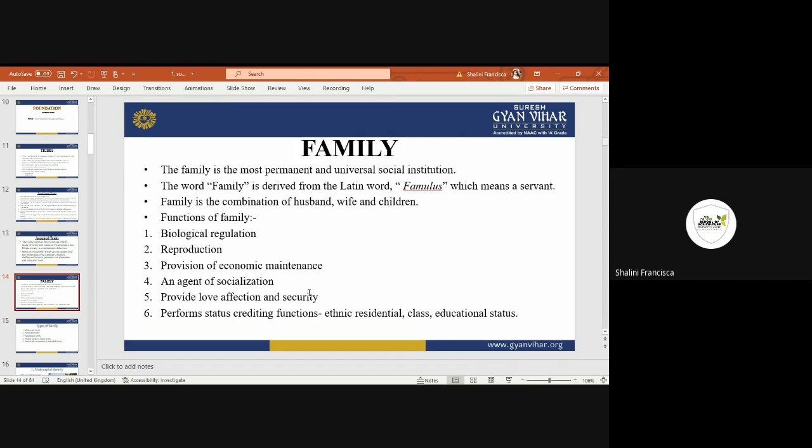Ethnic, residential, and then class. Family can provide you a class to live in, like middle class, higher class, lower class, according to our economic maintenance.